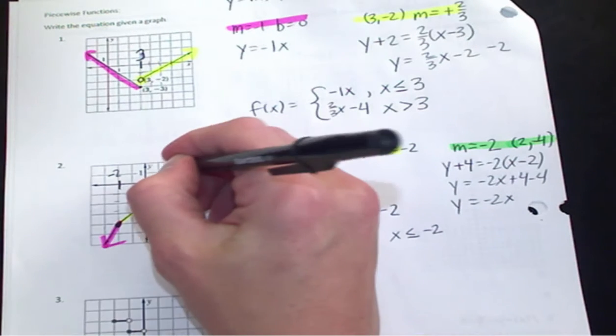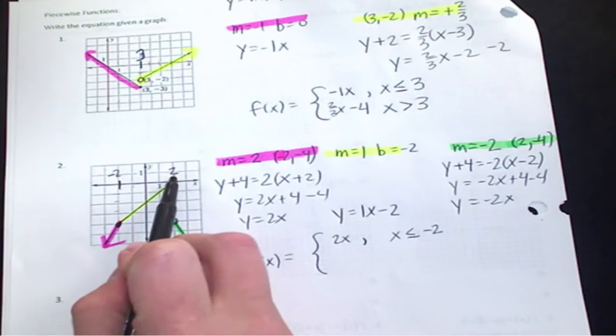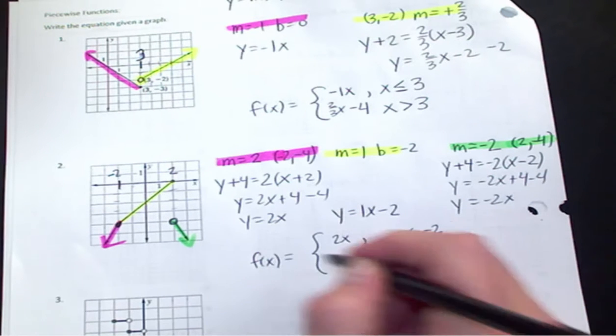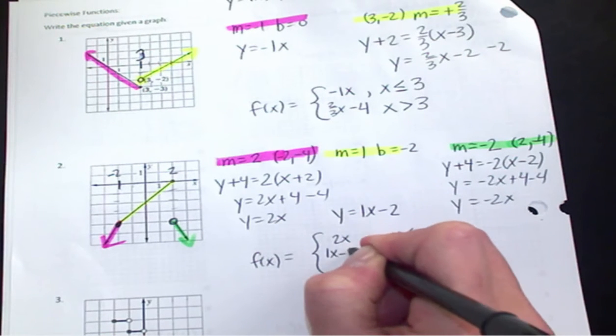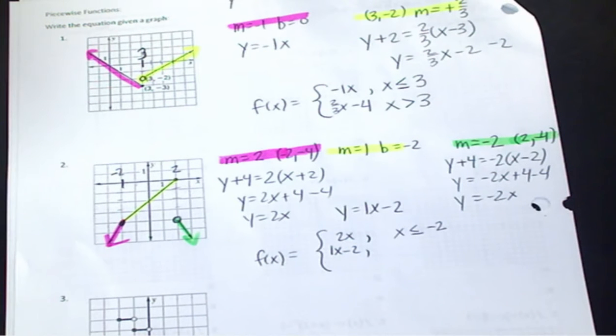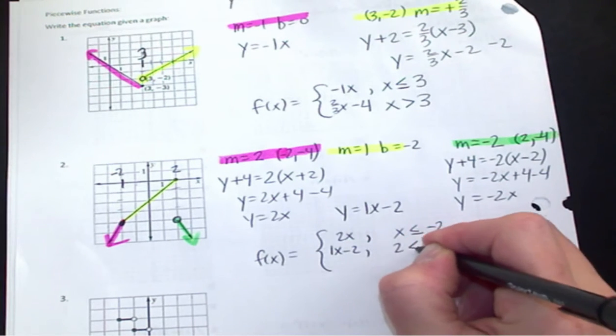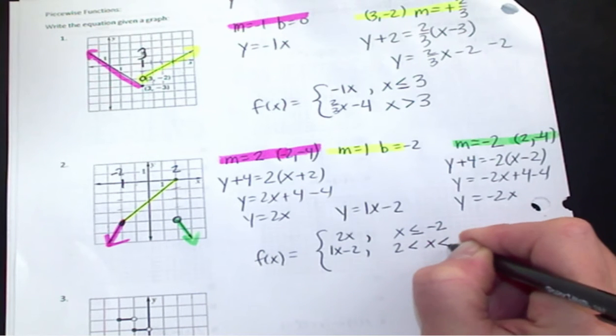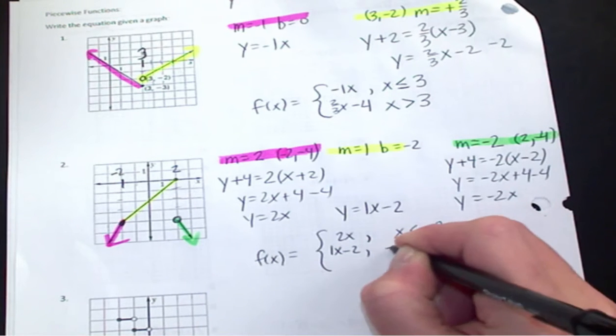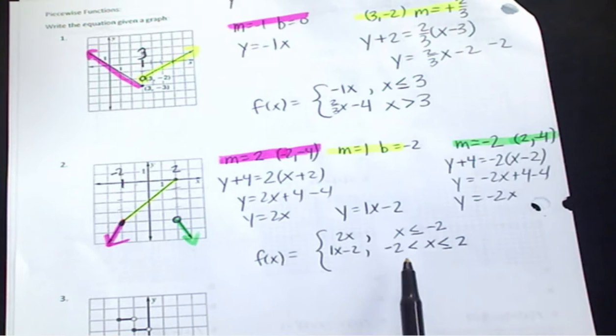It's between -2 and +2. So 1x minus 2, it's between. That's a 3-part inequality. Between those two x coordinates.